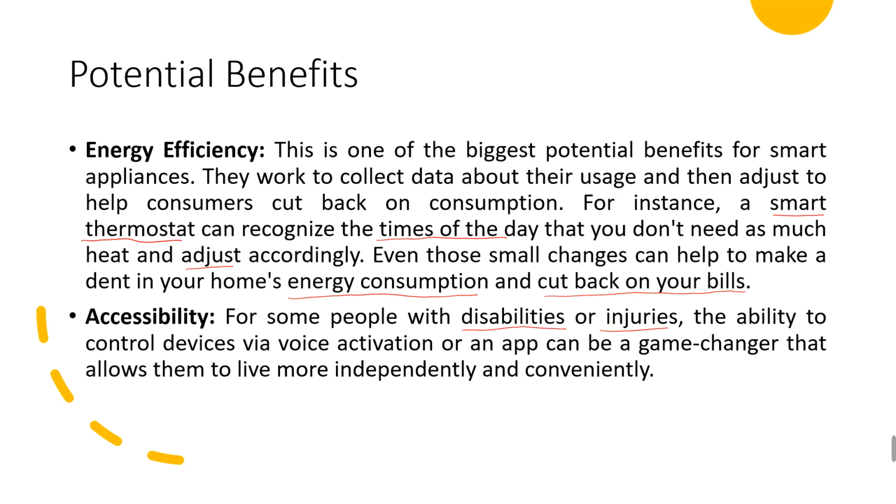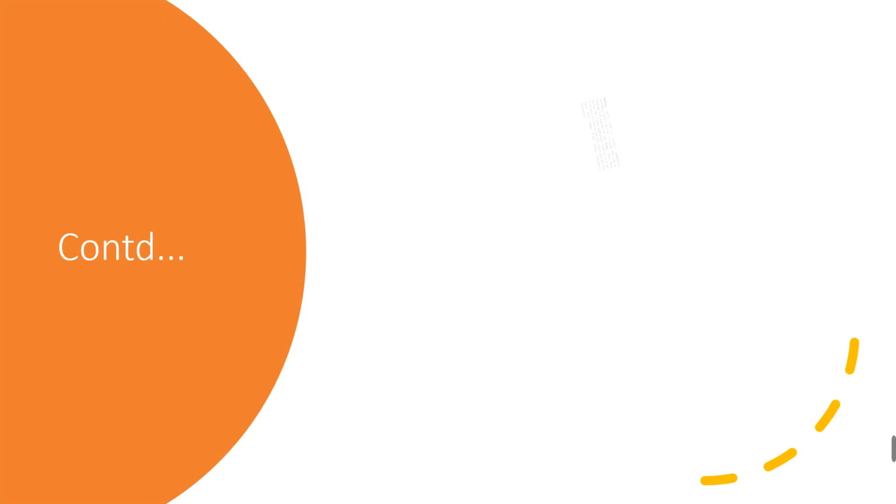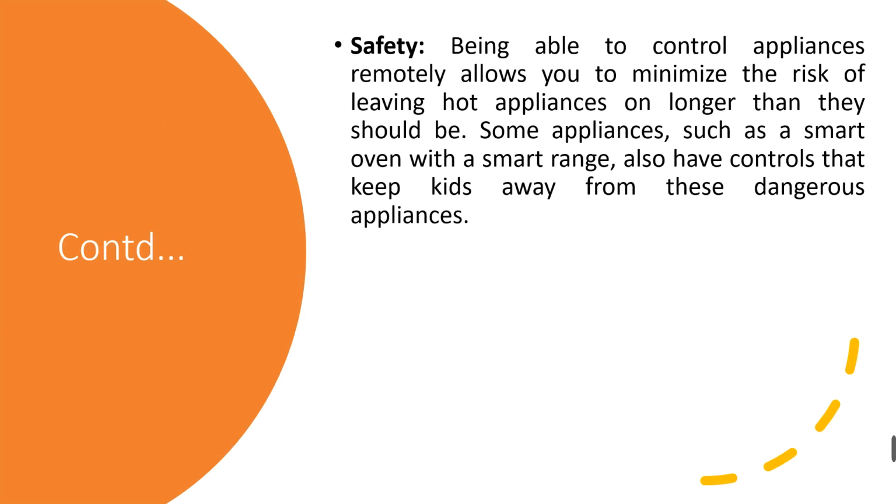They need not move from one place to another to control that particular device. They can control that device with the help of the app from any location. So the device will be easily accessible for all, whether you want to access it from a remote location, or you are a person with injuries or disabilities.